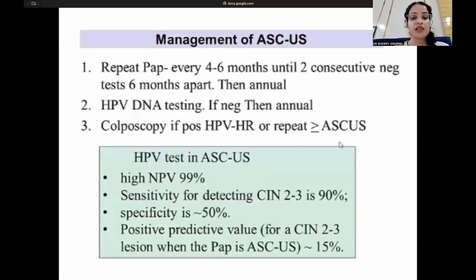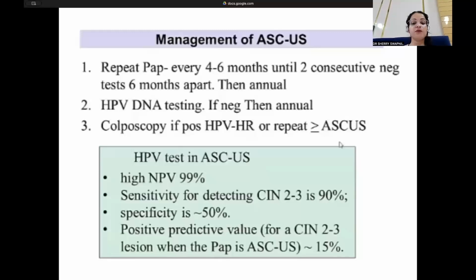The ASCUS to SIL ratio should be 2:1 or 3:1, meaning that after every 2 or 3 ASCUS cases you give, at least 1 of them turns out after biopsy to be a high-grade squamous intraepithelial lesion. So every lab should establish its ASCUS to SIL ratio.